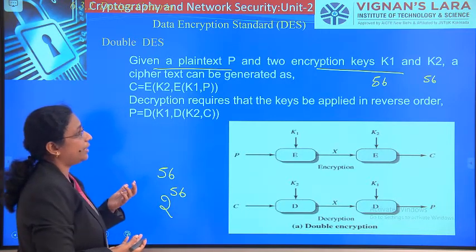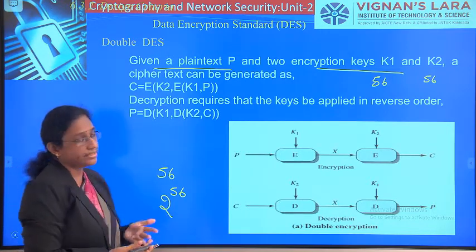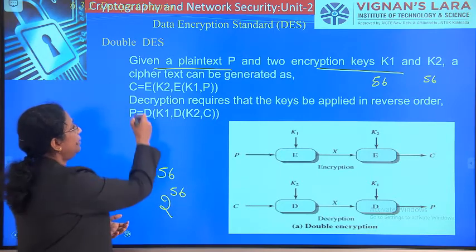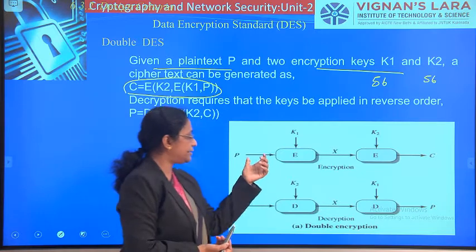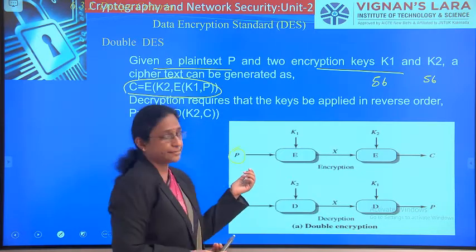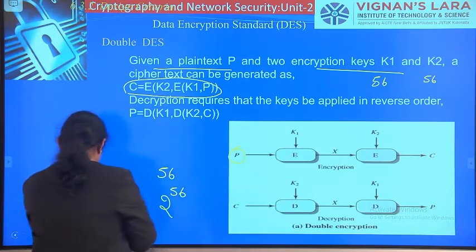With K1 and K2, the ciphertext can be generated like this. Suppose P is your plain text.